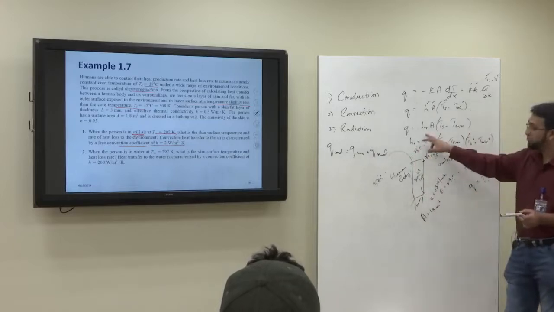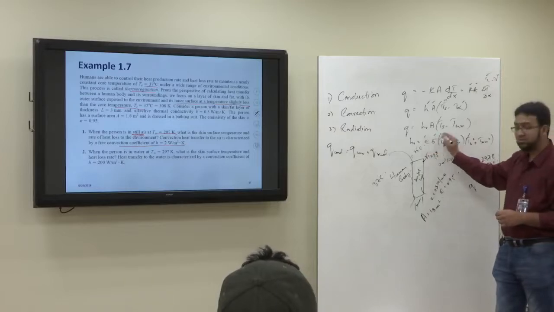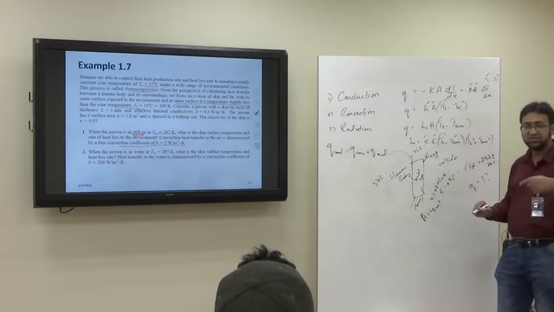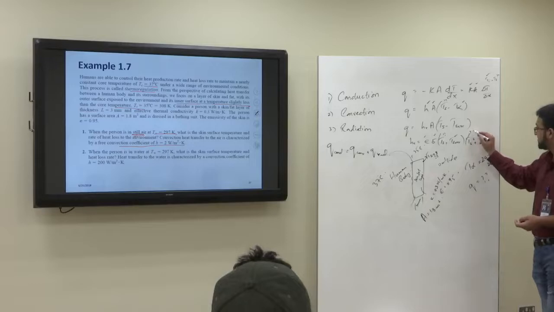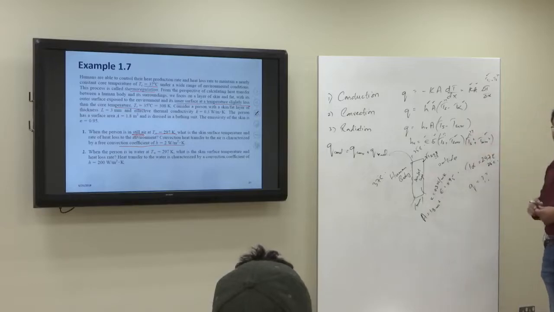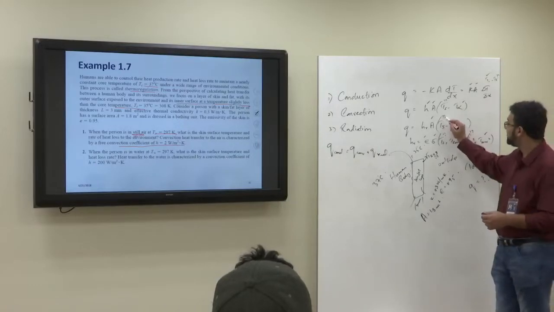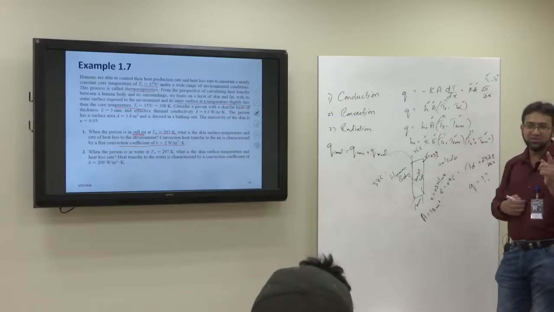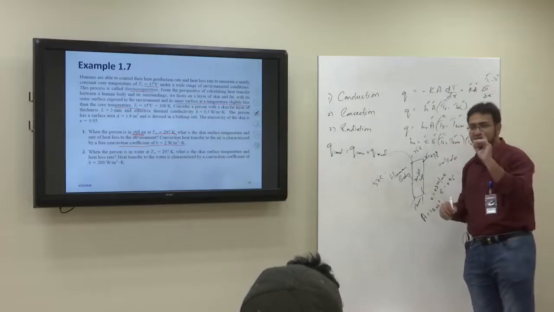Let's talk about Q radiation. h_r is epsilon given, this is known, Ts is unknown, T surrounding, as I said, consider it the same as T infinity. Area given, Ts unknown, T surrounding given. So one unknown. So you get one equation, a very big equation when you substitute everything, but only one unknown.